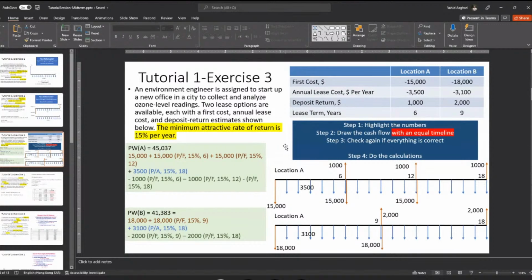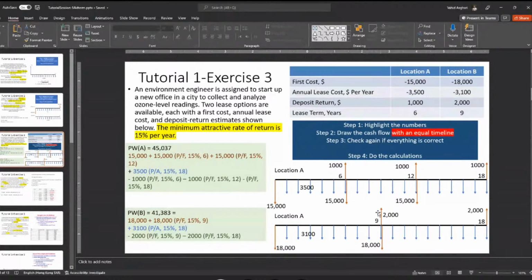So we need to repeat each one of them so we reach an equal investment horizon. Let me say that by example. For location A, it's 6. For location B, the lease term is 9 years. So if you repeat the cash flow of location A 3 times, then it will be 18 years.